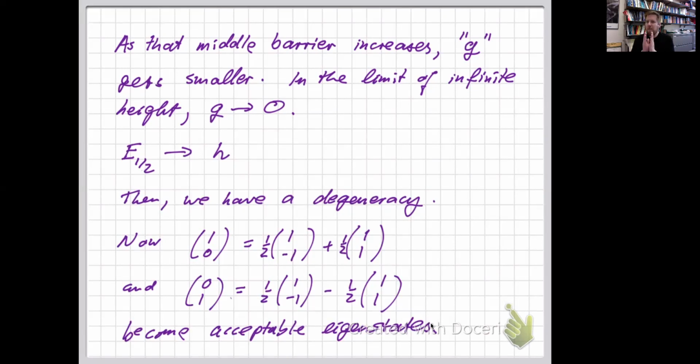So when the barrier in the middle is infinitely large, yeah, I can put an electron in the left well, and it will stay in the left well. So it is a stationary state, and therefore it is an energy eigenstate. And I can put it initially in the right well, and it will stay there, and it is a suitable energy eigenstate, a stationary state. But as soon as I lower that barrier, that is no longer true, and I have to form these even and odd linear combinations.